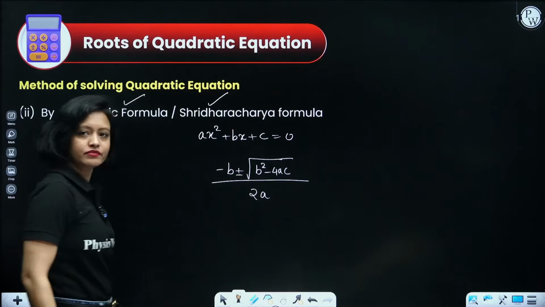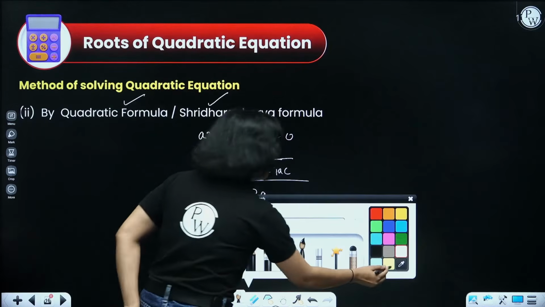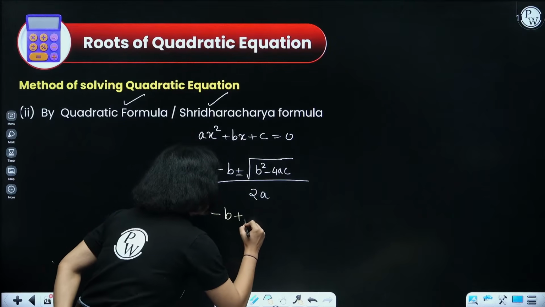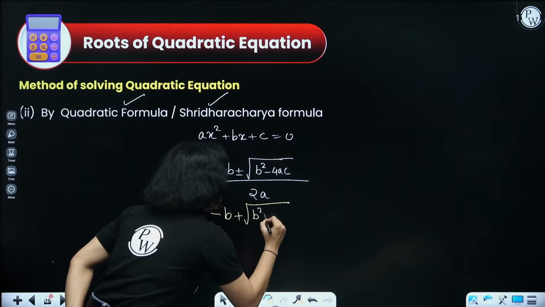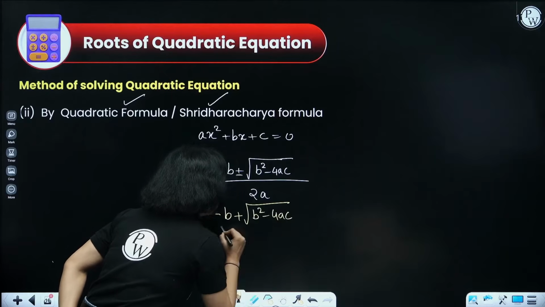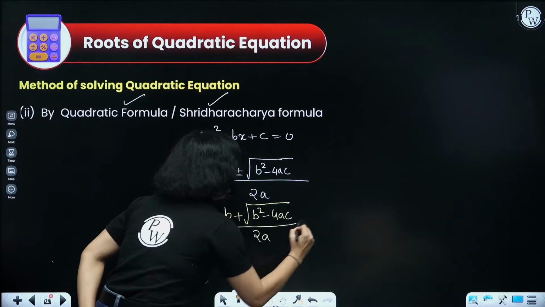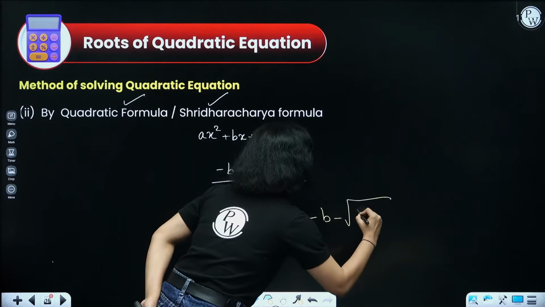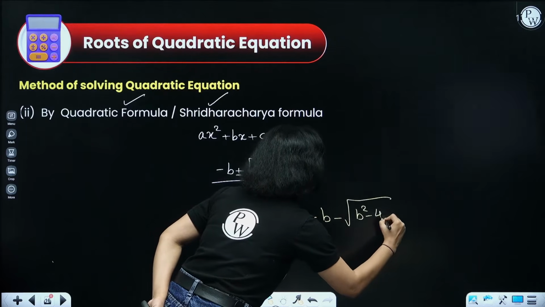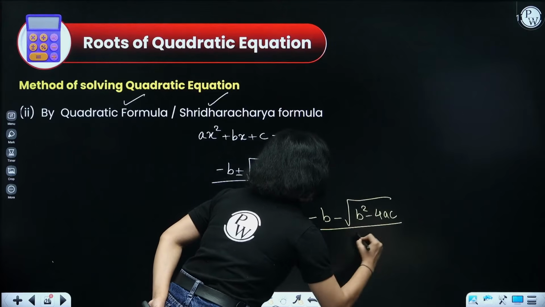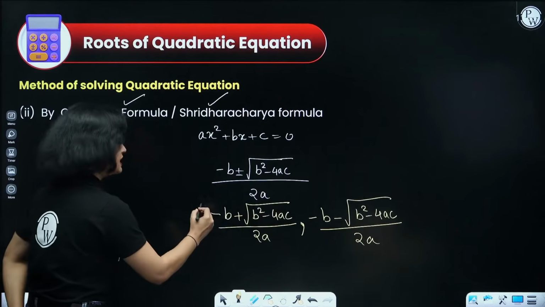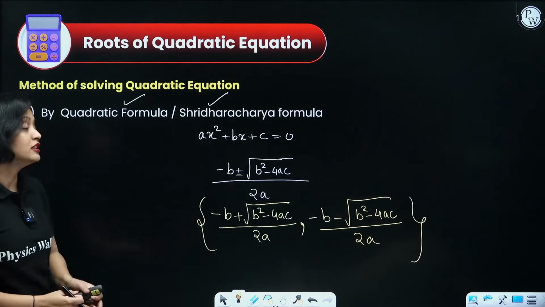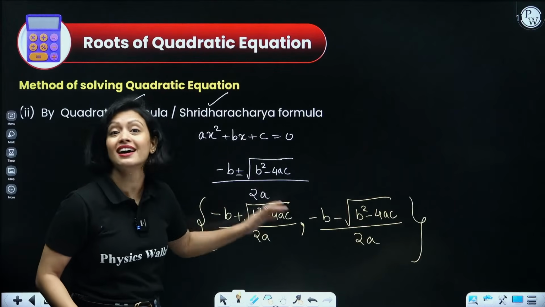Or in other words, one of the roots would be minus b plus under root of b square minus 4ac over 2a, and another root would be minus b minus under root of b square minus 4ac over 2a. Okay, so these are the two roots of a quadratic equation, and the formula, guys, is known as Sridharacharya formula.